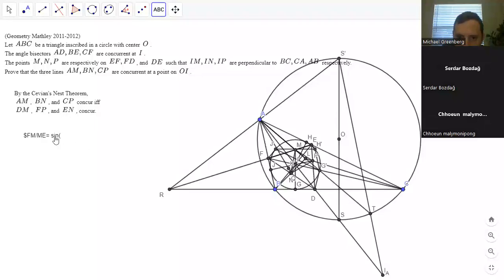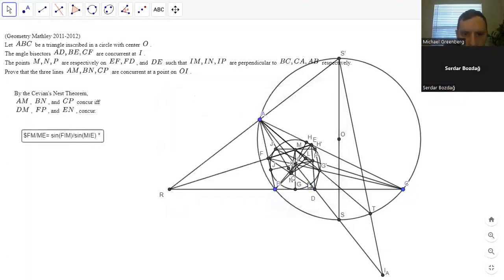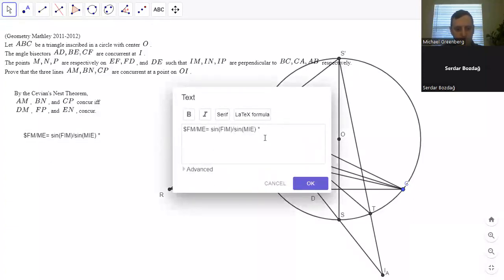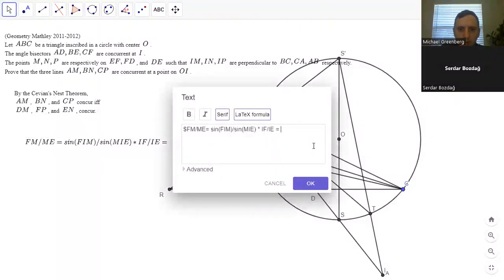We have sine FIM over sine MIE, times IF over IE, equals sine CIG over sine BIG.